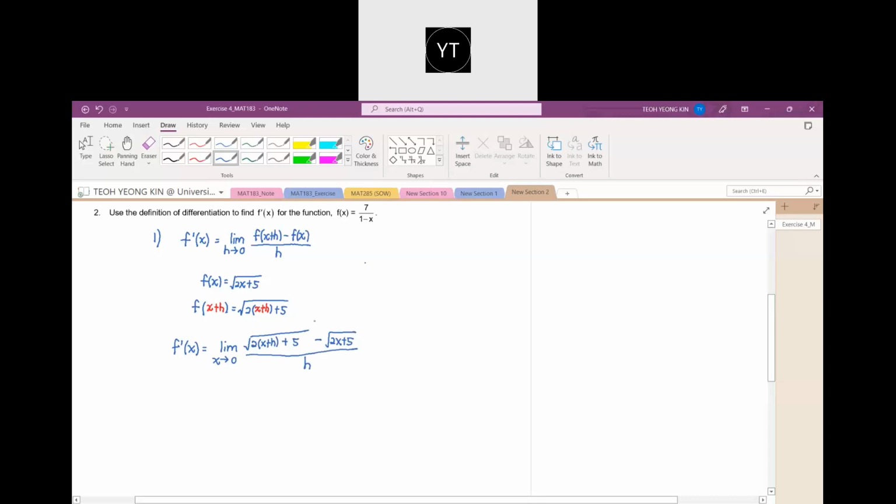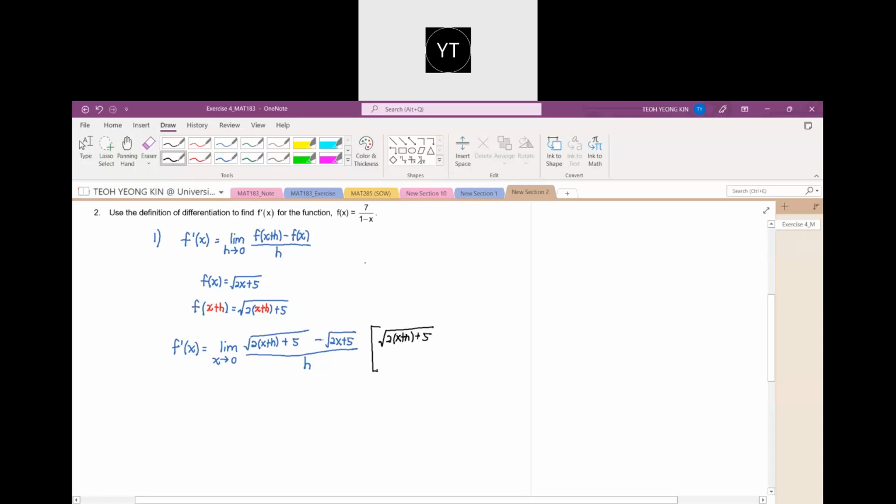Limit involving radical function. In this type of question, we have 3 types. If you still remember, kita ada 3 bentuk dalam ni. Ini salah satu bentuk. How are we going to solve this one? By multiplying the conjugate. Kita kena darab conjugate. That means square root of 2(x plus h) plus 5.